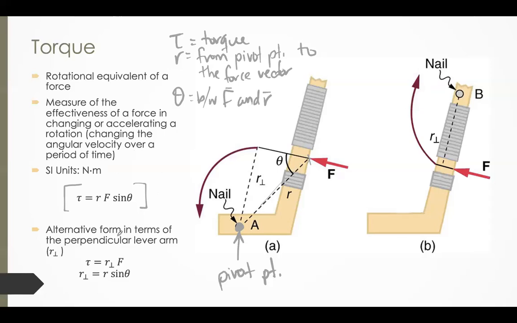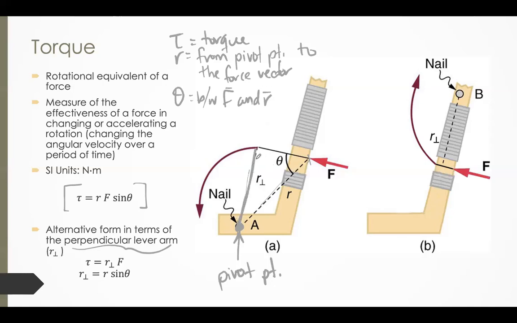There is an alternative form that we can put this into if we want to describe another term here, and that's going to be the perpendicular lever arm. That is just going to be your R sine theta. In figure A, that is going to be this R perpendicular here.